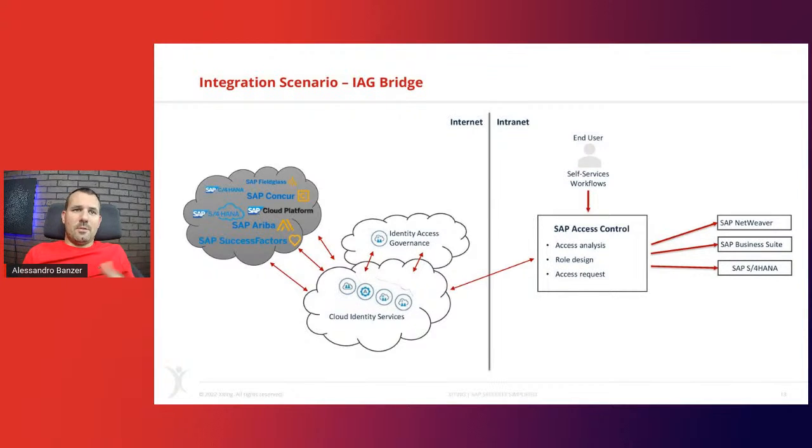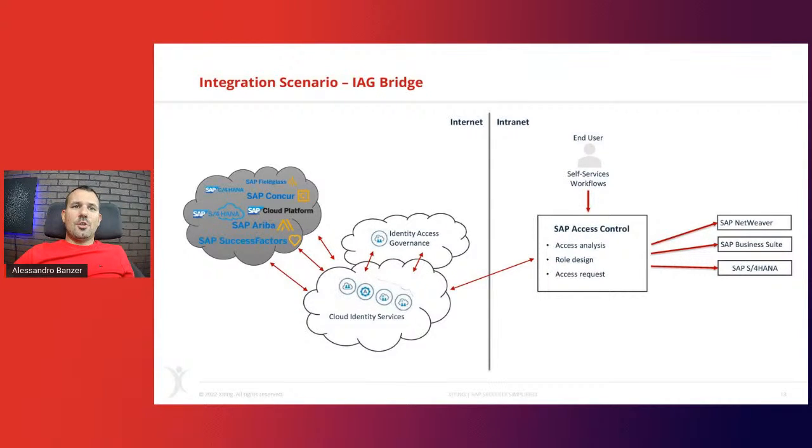That means, for example, the risk analysis runs in IAG and will be sent back to access control. When it comes to provisioning, let's say we have an access request, whether sent from SuccessFactors through an automated provisioning process, or manually requested from an end user, access control will provision the on-premise applications, like our S/4HANA on-prem, ECC, BW, CRM, and so on.